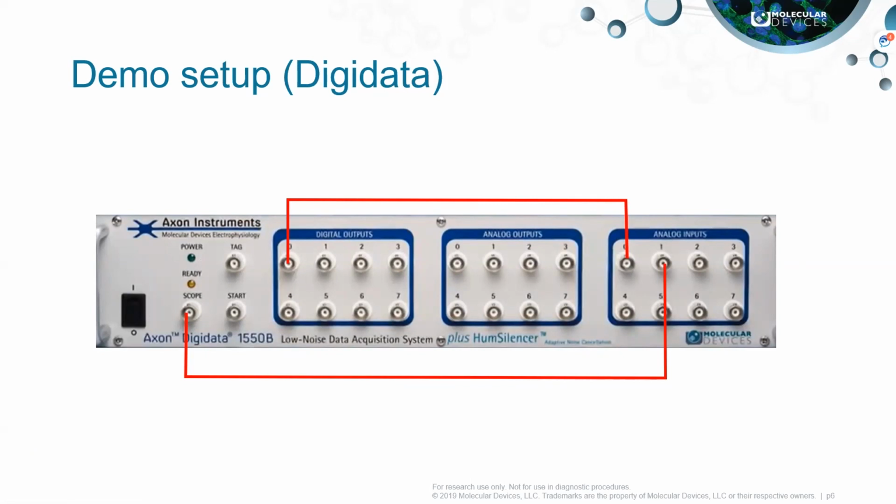I also have another BNC cable connecting the scope to analog input channel 1, so I can monitor the TTL signal from the scope trigger. This is how I monitor the acquired signal with channel 0, and the TTL pulse from the scope with channel 1. All right, let's do the demonstration.